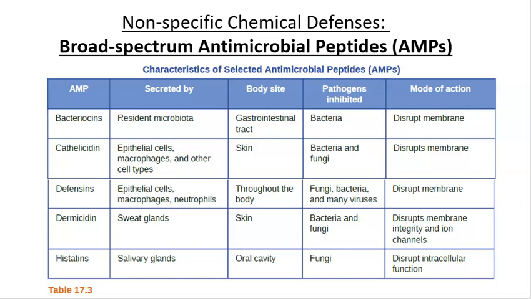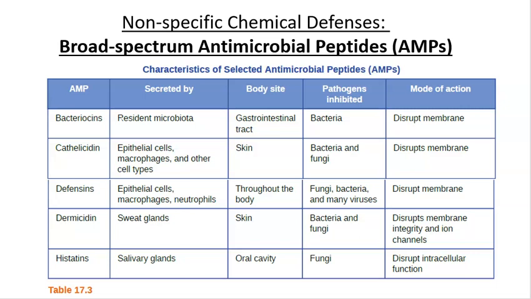What they are is basically short little, maybe 12 to 50 amino acid long peptides, or short little proteins that will have polar ends and then hydrophobic ends. So they will mimic the phospholipids that you're going to find in your membrane barrier. And these guys will basically start to poke holes in that.